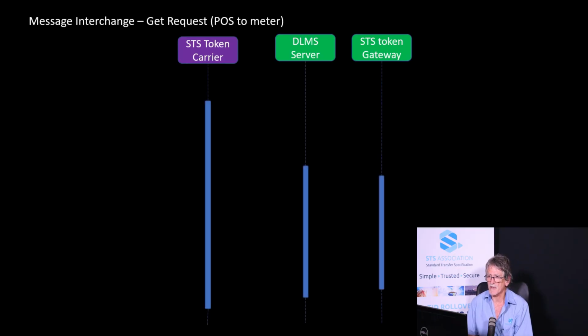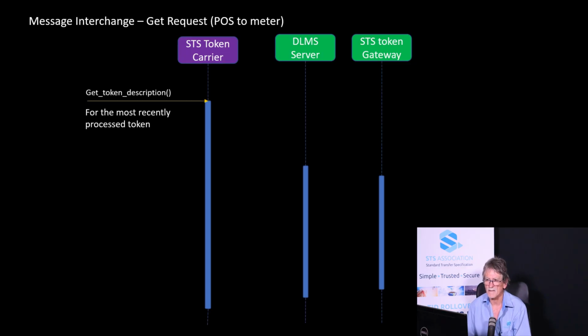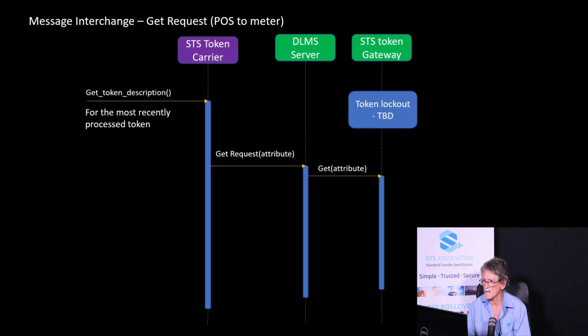On a GET request passed to the meter, you have the STS token carrier, DLMS server, and STS token gateway. The GET token for the most recently processed token is generated. This generates a GET request with an attribute attached to it. That goes through to the STS token gateway. Once again, there could be a token lockout at some point in the future.